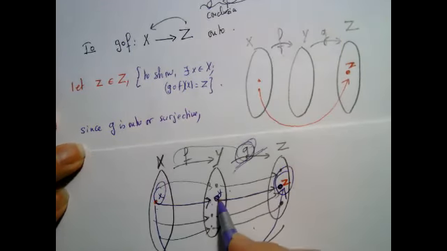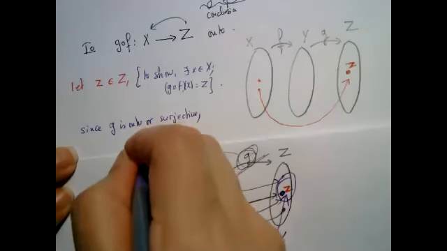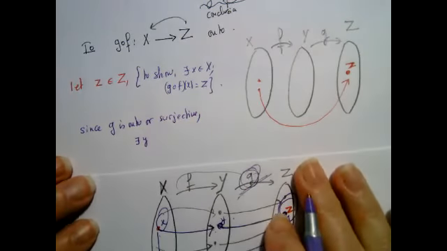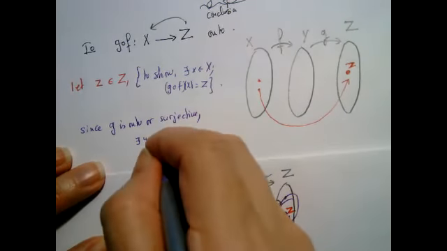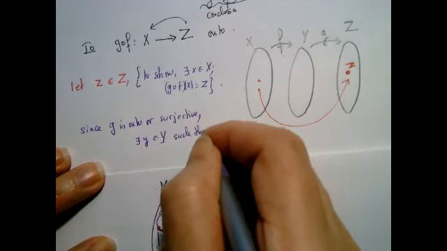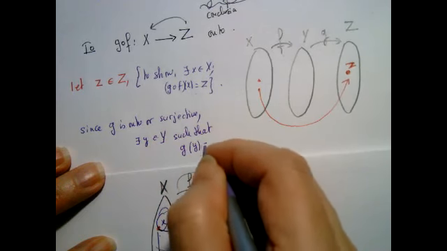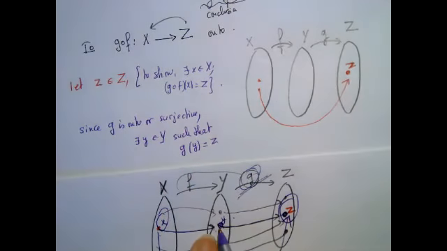So there exists a little y in big Y, I'm writing the picture, such that G of y is equal to Z. And then we know F is also onto. You're absolutely correct. Now he's going to back up one more step.